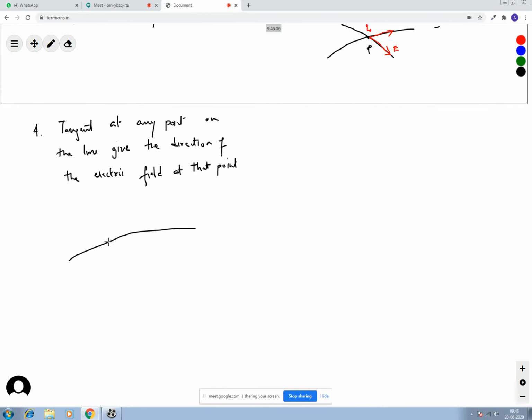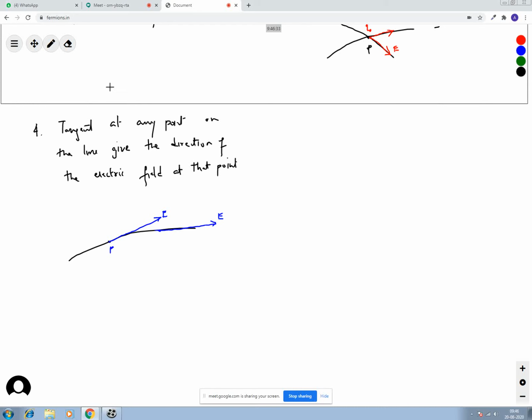So if this is the line, take any point P and draw a tangent. This gives me the direction of the electric field E at that particular point. It is also the direction of the force experienced by a unit charge placed at P.